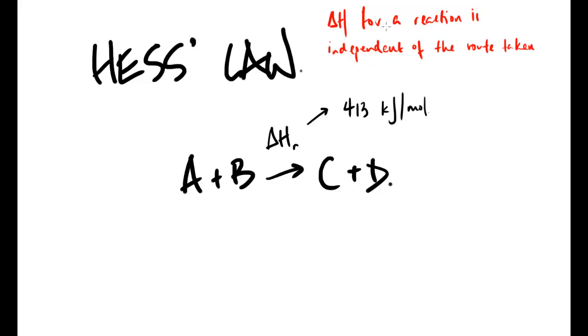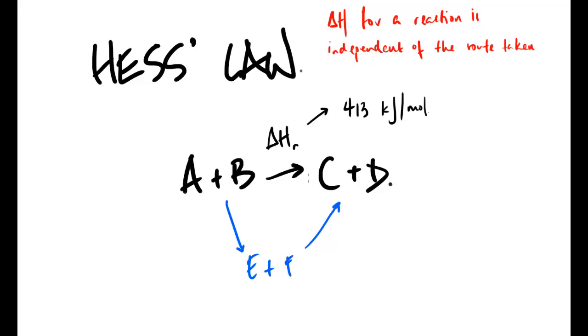that the enthalpy change is the same no matter what route you take or what extra steps you take. And what that means is that ultimately the enthalpy change of this reaction will always be 413 kilojoules per mole. It can never be any different. Okay, maybe more theoretically than anything else. So I could actually say, well, I'll go via an E and F step.